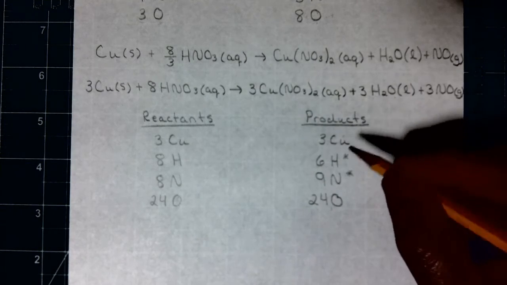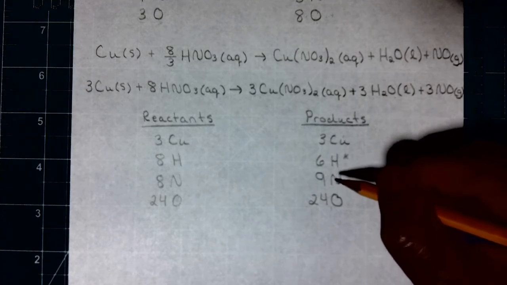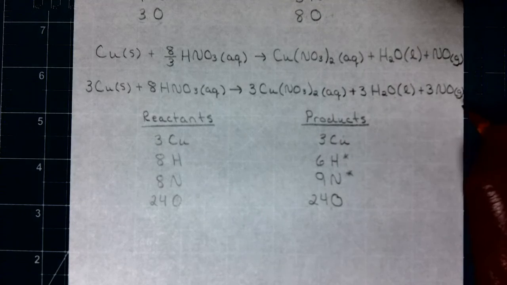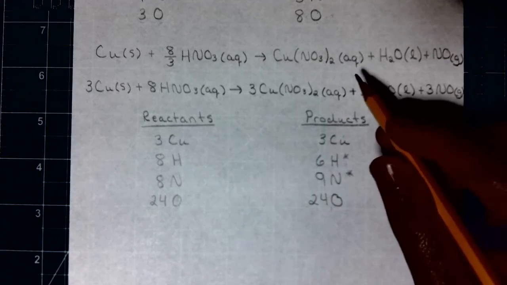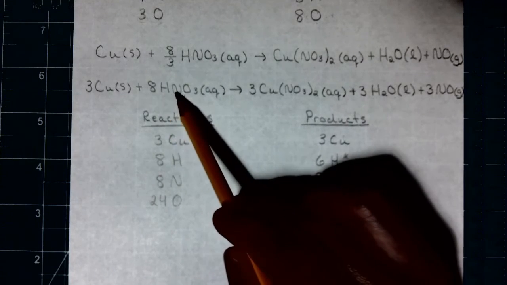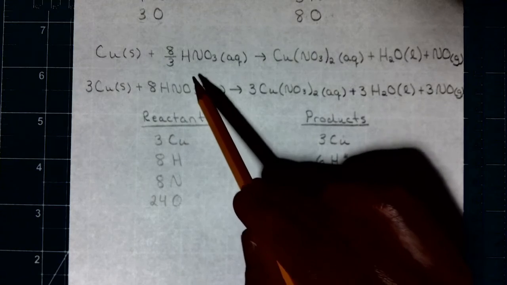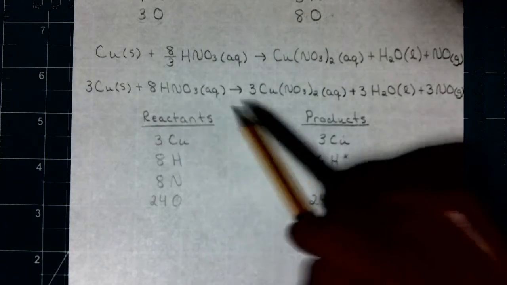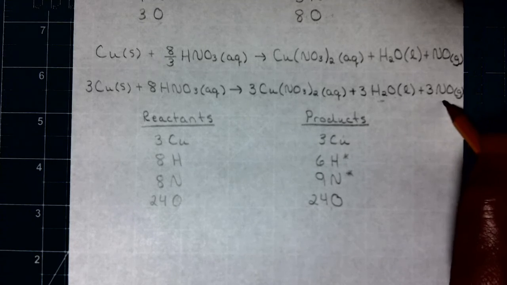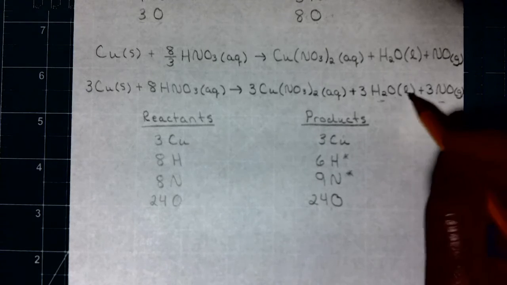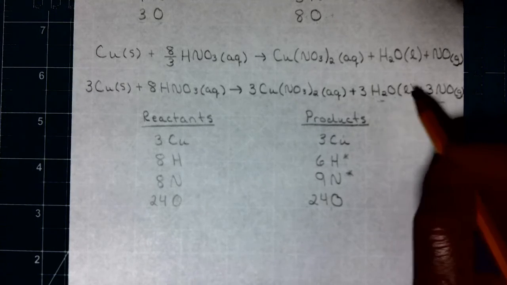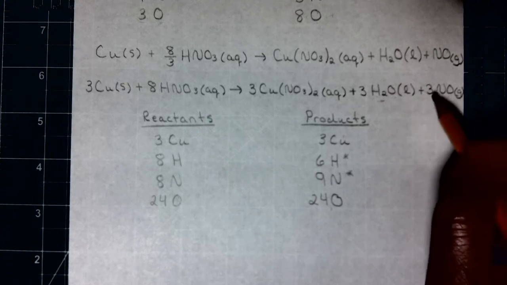Now, the things I need to change are going to be hydrogen and nitrogen. And I want to focus on this side now to do that. And I want to do that because over here, my hydrogen and nitrogen are all in this one guy. So I can't manipulate them individually, right? But over here, I have just hydrogen on this guy and I have just nitrogen on this guy. So I can change these in order to raise or lower just the amount of hydrogen and just the amount of nitrogen.